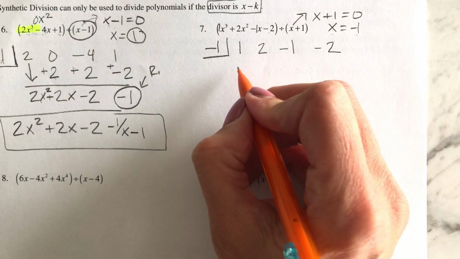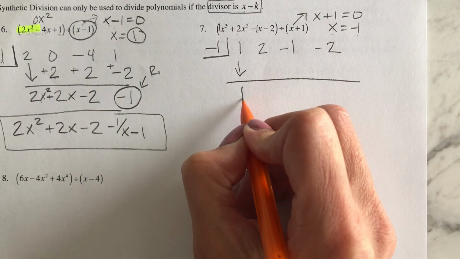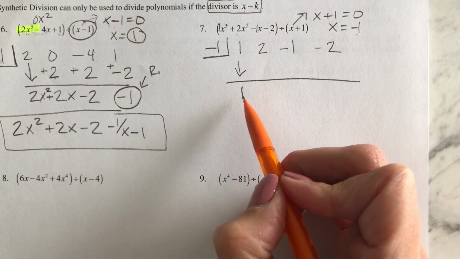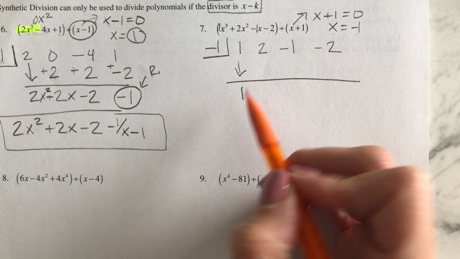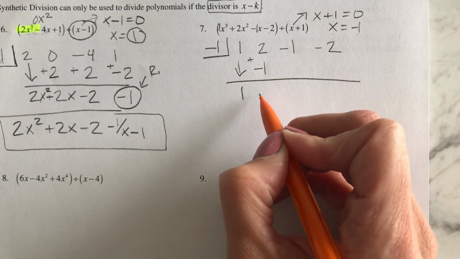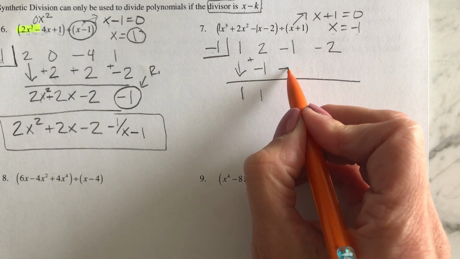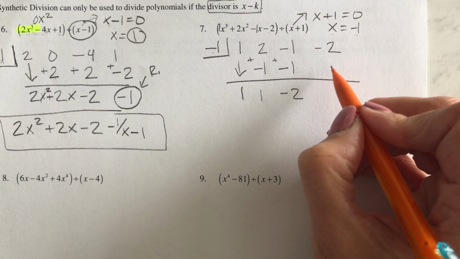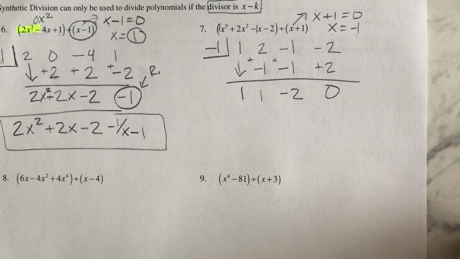My next step is to bring down my 1. And then I start my process. Multiply, so -1 times 1, and then add 2 plus -1. Multiply, add, multiply, add.